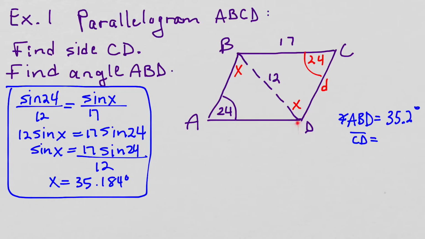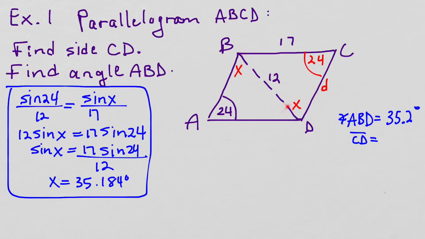So I need to find this side over here, so that's part of this triangle again. So if I was going to use the law of sines, I could use this same ratio here, but I would need this angle to do my other pair here.